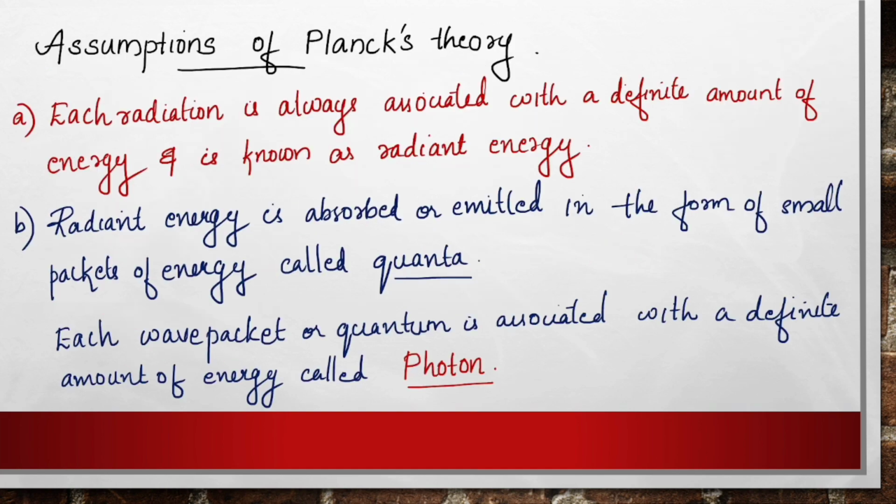Let's now summarize the assumptions made by Planck's theory. First point: each radiation is always associated with a definite amount of energy, known as radiant energy. Then radiant energy is absorbed or emitted in the form of small packets of energy called quanta or quantum.